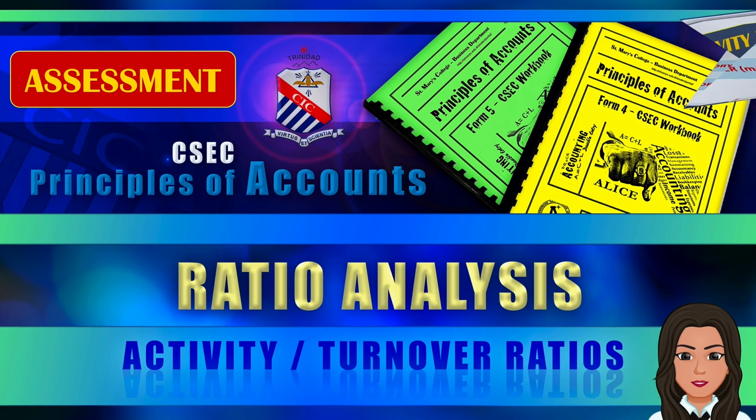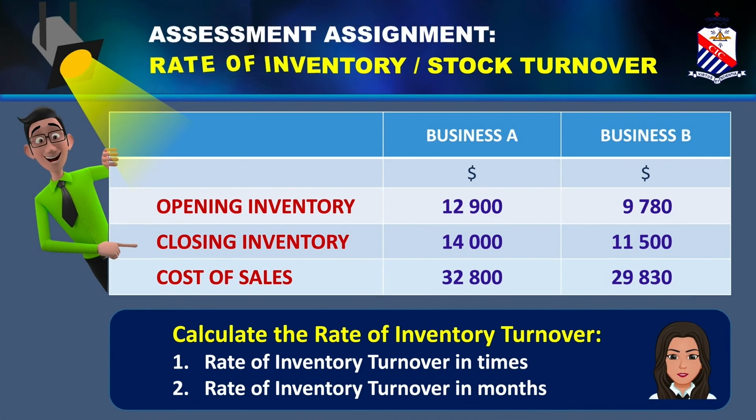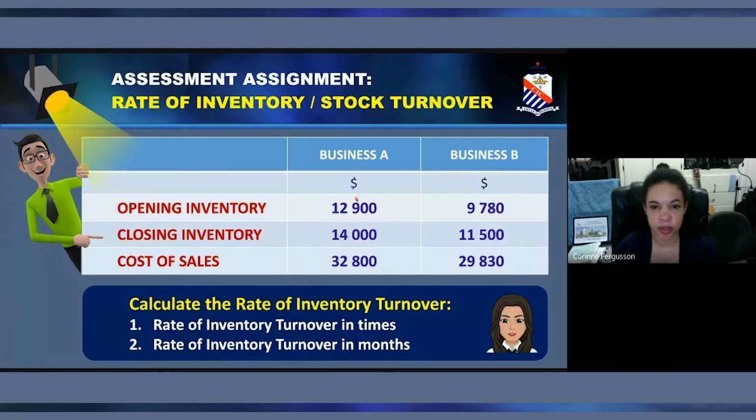So basically now, to reinforce these ideas, you would have an assignment to do where you will have to work out the following. We have 2 businesses, business A and business B. The information given for both businesses would be opening inventory, closing inventory, and your cost of sales.